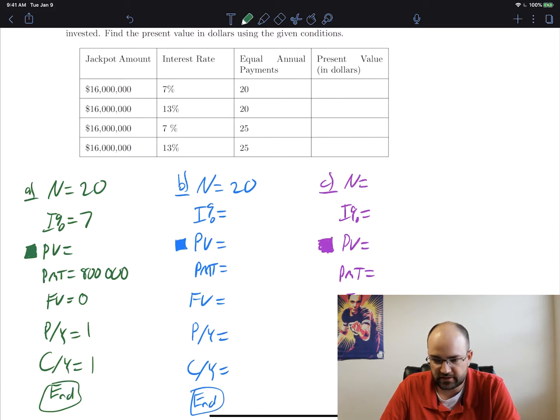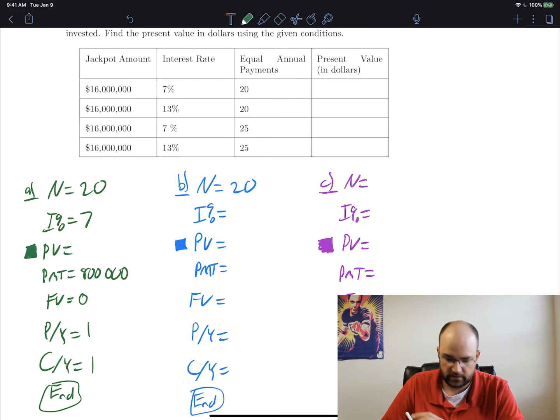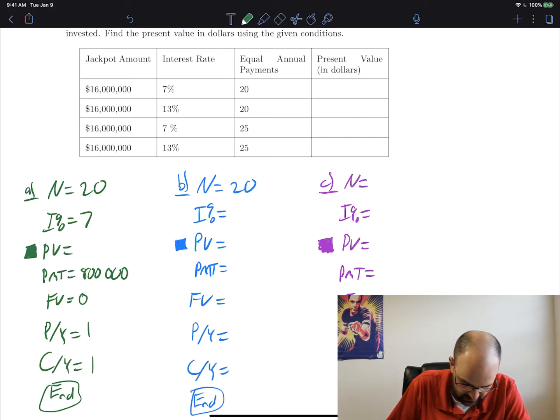I'm not going to show this on the calculator. N is 20, 7 for I%, we don't know the present value, 800,000 for the payment, FV of 0, P/Y of 1, C/Y of 1, and then just do alpha enter on present value. That gives me negative 8475211.396.